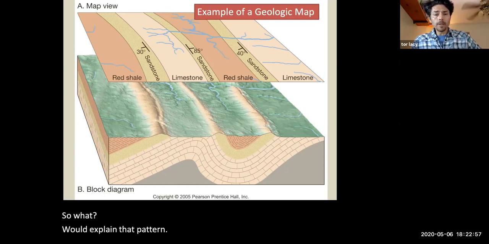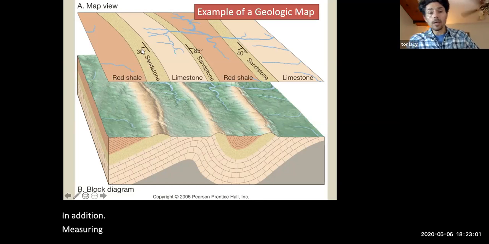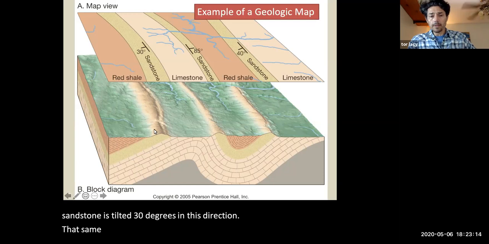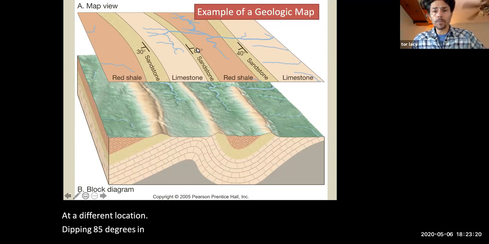In addition, measuring the dip or tilt of the rock units has indicated that the sandstone is tilted 30 degrees in this direction. That same sandstone bed at a different location is dipping 85 degrees in the opposite direction.